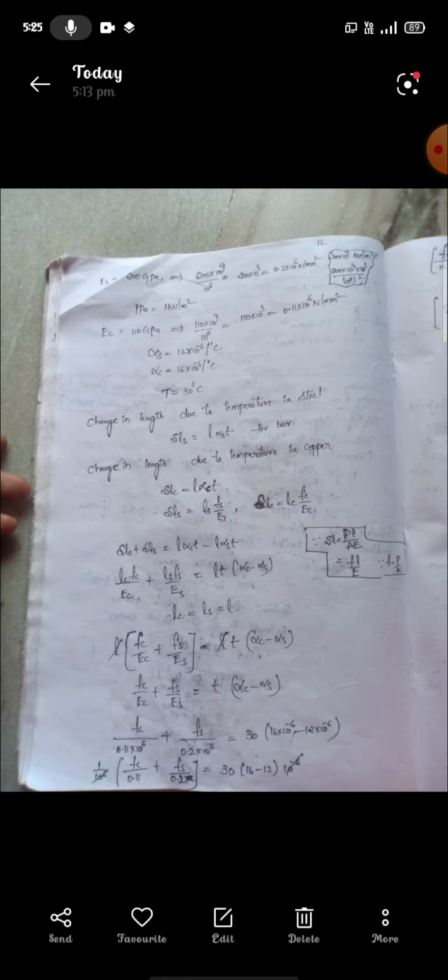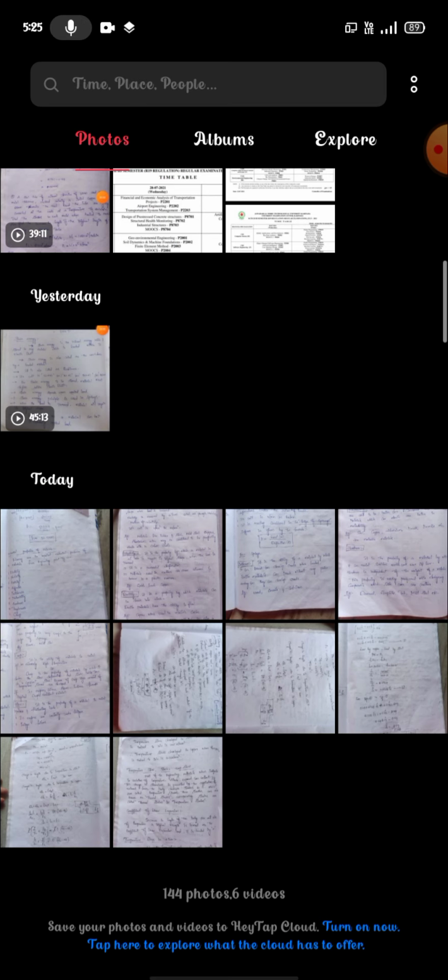So Fs equal to 2.64 divided by 0.248, Fs equal to 10.60 Newton per mm square. Substituting the Fs value to get Fc: Fc equal to 0.6944 into 10.60, so Fc equal to 7.36 Newton per mm square.